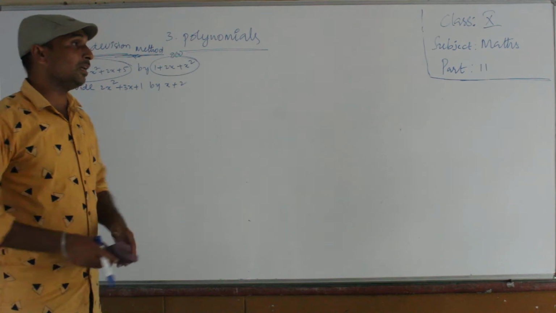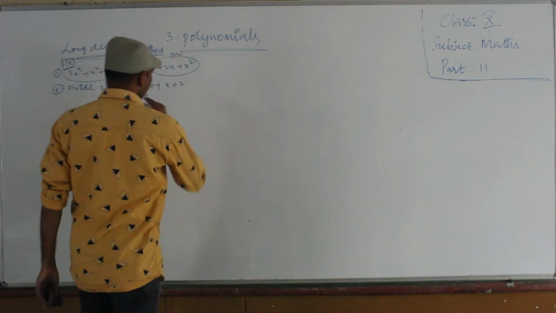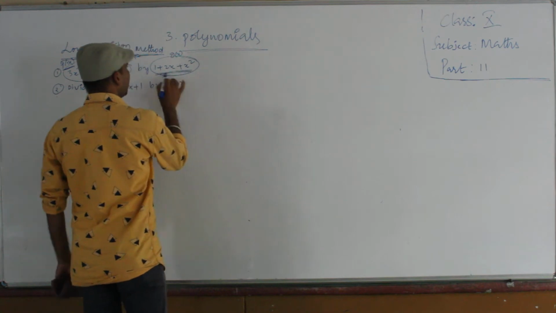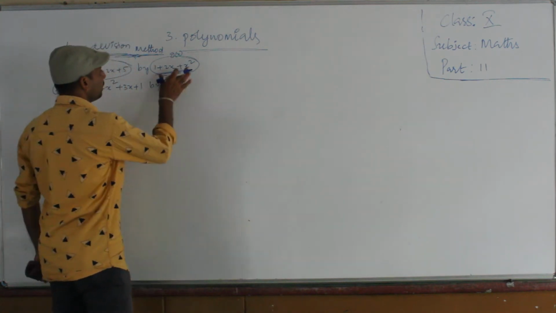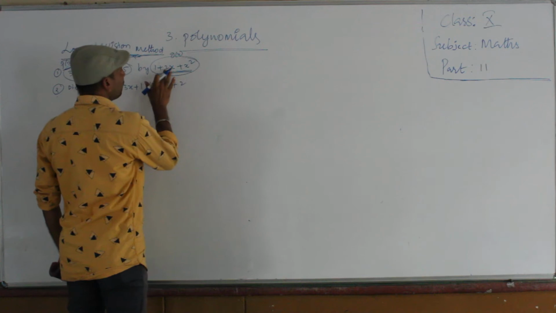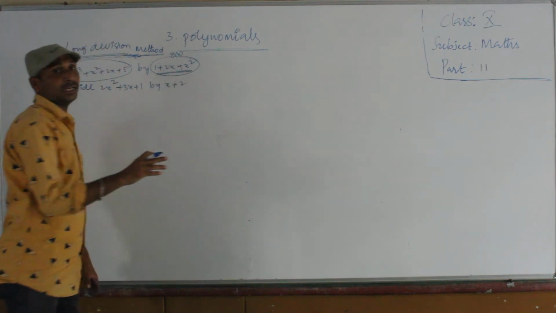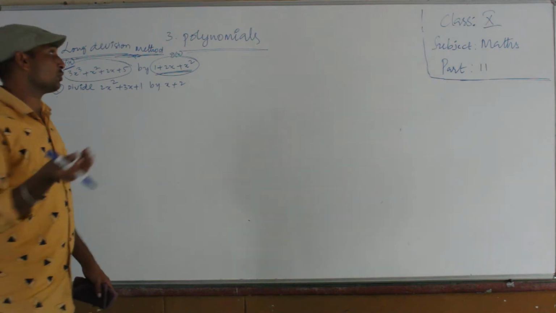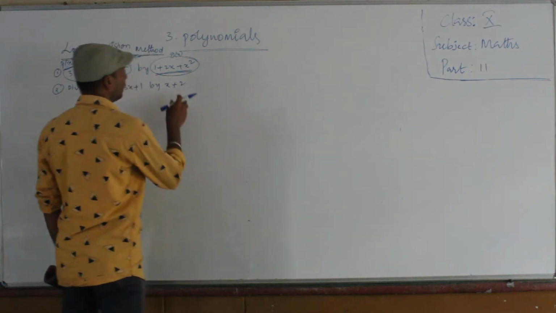Generally we know how to write the division form. When we take the divisor first, here 1 plus 2x plus x square, we should write the polynomial in order.